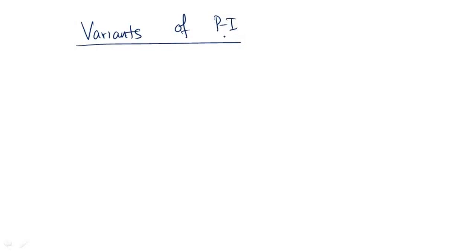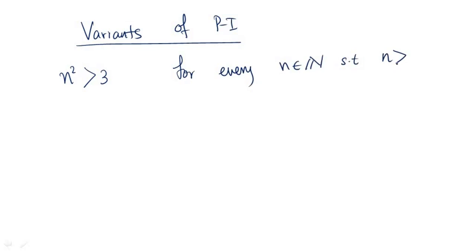For example, consider the following statement. n squared is greater than 3 for every natural number n such that n is greater than or equal to 2. Of course, this is not true when n is equal to 1 because 1 squared is 1 which is less than 3.